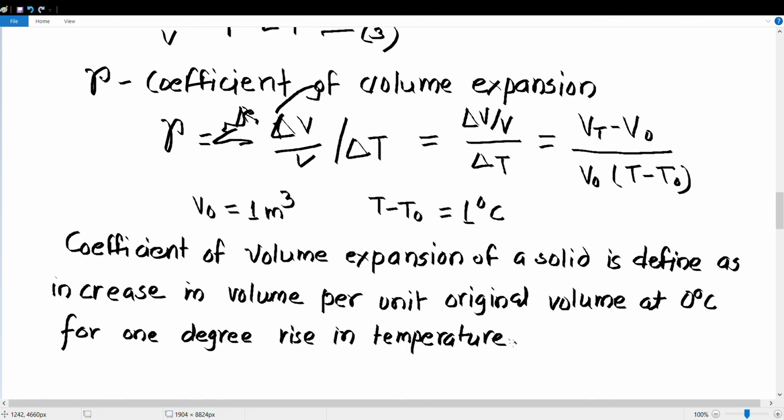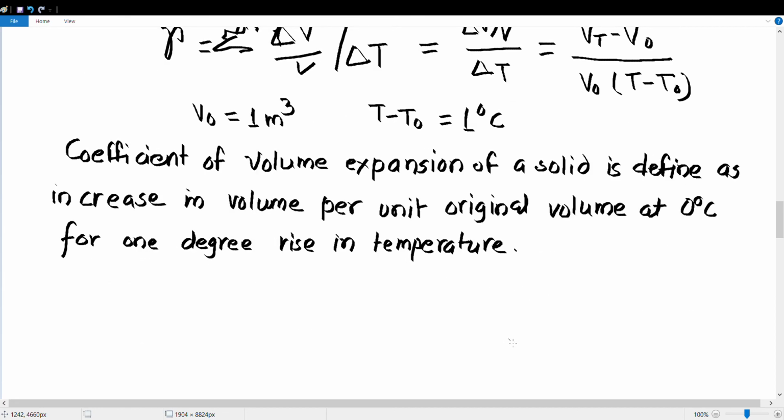Which is the increase in volume? This Vt minus V0. Here Vt is the final value and V0 is the volume at 0 degree Celsius.